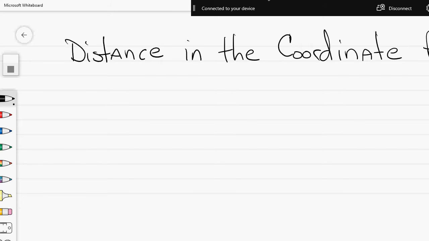And we're going to call this first point P and the second point Q. And let's say that P is at, we're going to make this 1, 1. P is at 1, 1. And we're going to say that Q is at 7 and 8. So Q is at 7, 8.